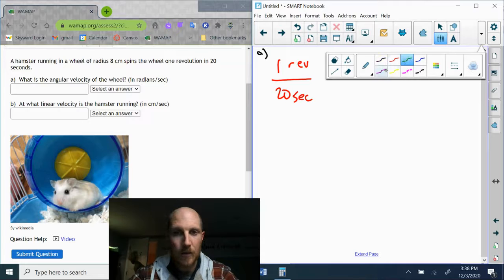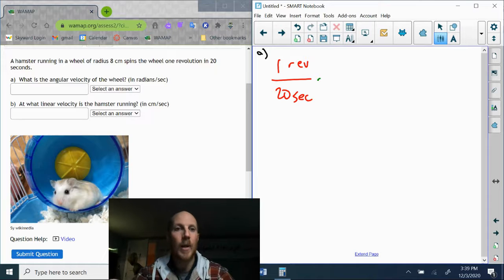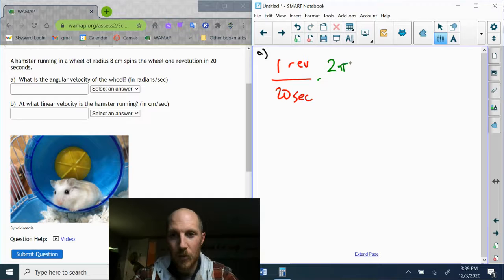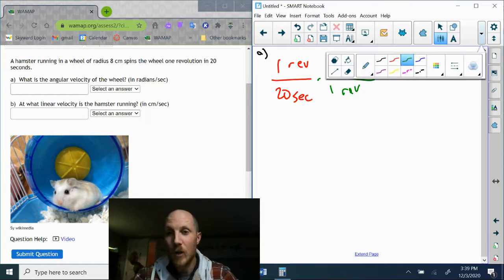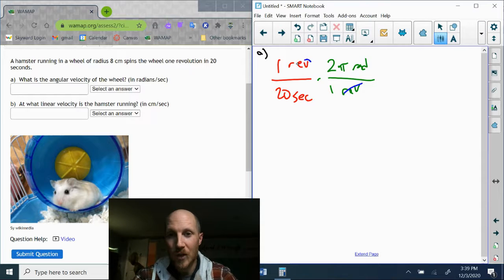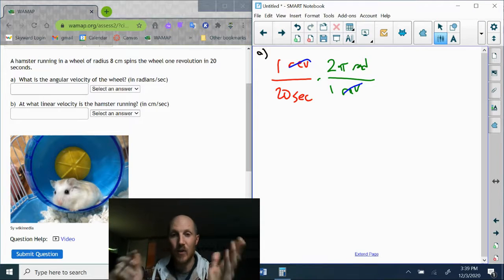Next up, I need a conversion factor to convert between rotational velocity and angular velocity. And that is always going to be 2 pi radians over 1 revolution. At this point, I do not want to change radians into a number, because that is the label.